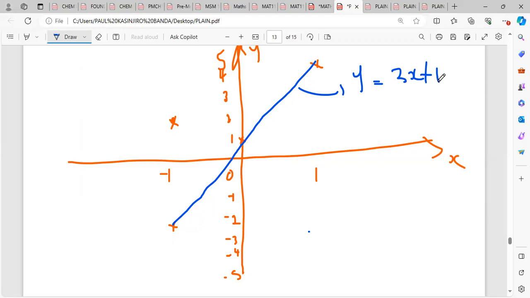But here we are plotting the modulus. We are plotting it with the modulus, meaning that we are going to remove anything that is in the negative region. So immediately this graph here is crossing this line, we are going to remove whatever we have down here. What do you do there?